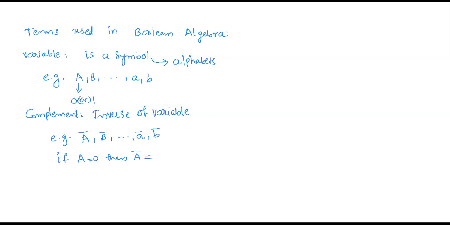We have only two values, 0 and 1. If A is 0, the opposite value is 1, so A bar will be 1. Similarly, if A is 1, then A bar is equal to 0.